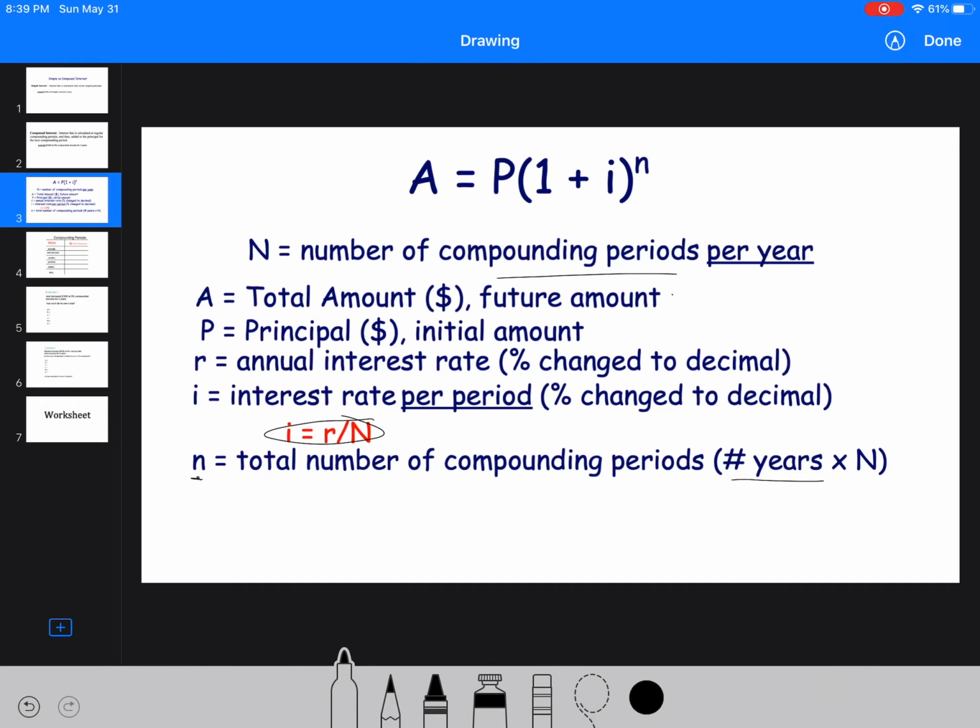Really this formula could be written as A equals P times (1 plus R over N) to the power of years times N. It's a little more confusing if you write it like that, which is why they don't, but that's what you need to understand. So we've got our compounding periods: the number of times it compounds per year, our final amount, our starting amount, our rate per year, our interest rate on the period, and then the total number of compounding periods.